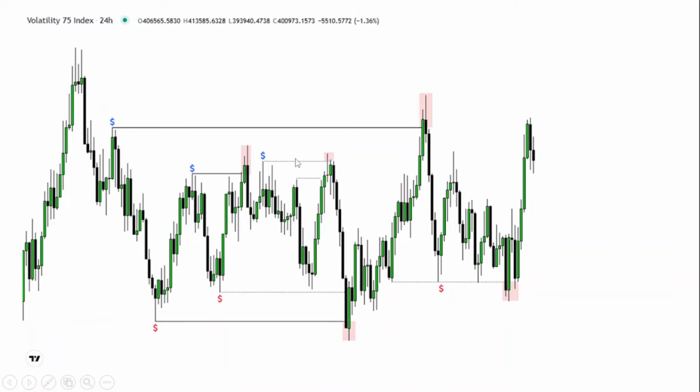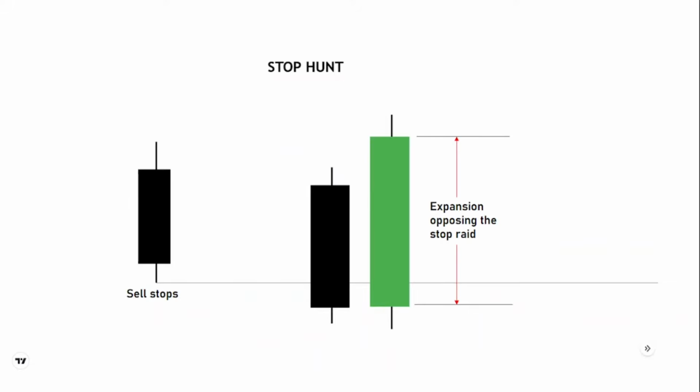Alright, so let's get something straight. Let's talk about what a stop hunt really is. When you have a low, there are stops below that low, and price can run those stops. To confirm that it's a stop hunt, price is going to immediately expand back inside the range, opposing the stop raid, opposing the liquidity sweep.